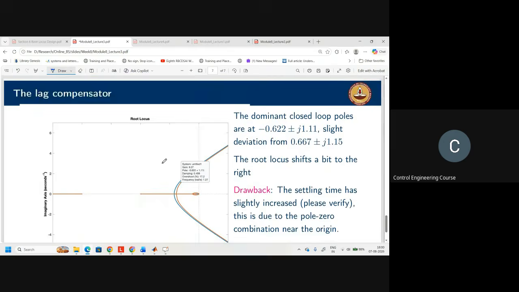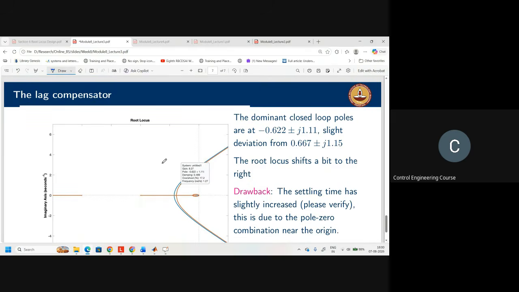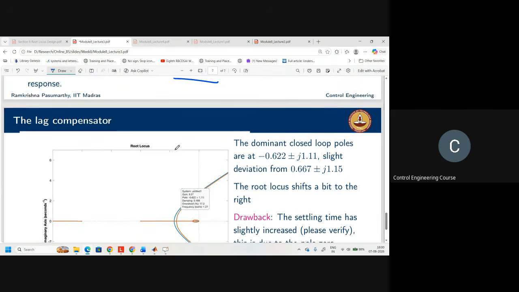So the drawback here is, if you calculate the overall system transfer function, then the dominant pole location will be this one, but the actually required one is this one. That means there is a slight decrease in the value of this one. This is zeta omega n, so settling time will be 4 by zeta omega n.